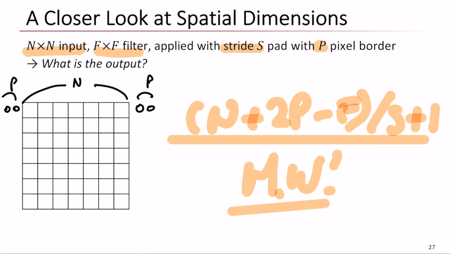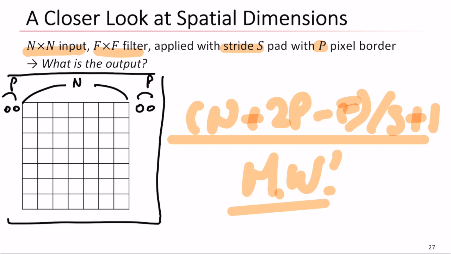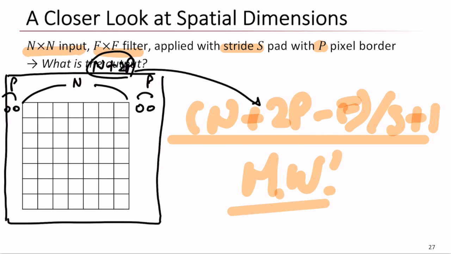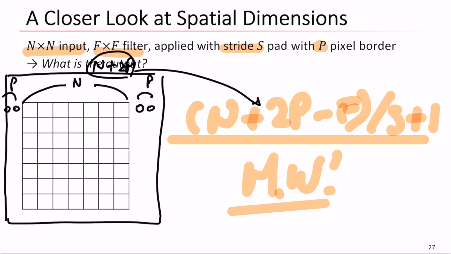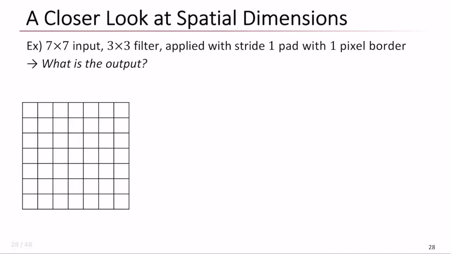Then we just assume that here is a very large image whose size is n plus 2p. Then it's exactly the same as the previous equation. Anyway, please do it yourself. With this equation, we can easily compute the output size given the input, filter, stride and padding. So the size of the filter, stride, and padding are just hyperparameters.